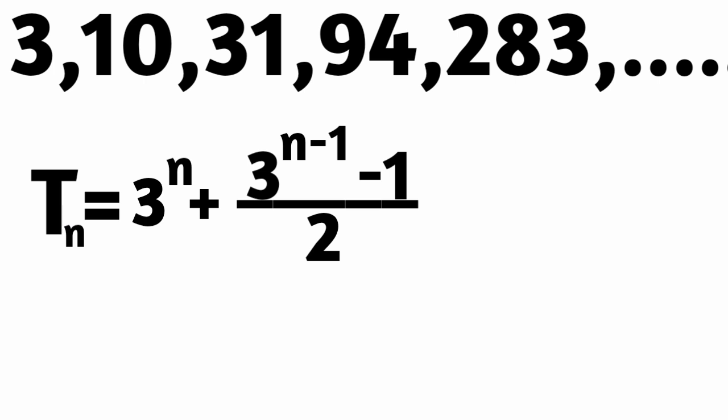The nth term of the given series can be written as Tn is equal to (3 power n plus 3 power n minus 1) totally divided by 2. Firstly we will try to derive it, and after that for its confirmation we will try to prove it by using mathematical induction. And finally we will find the sum of the given series.